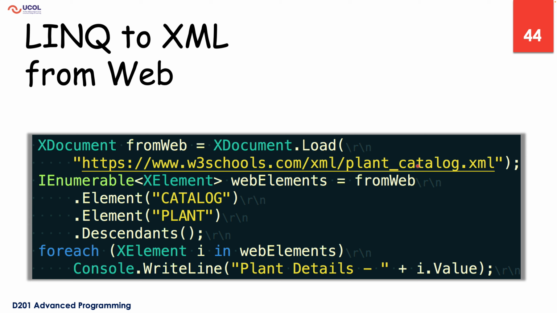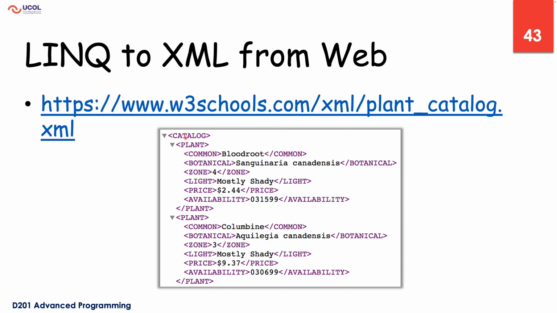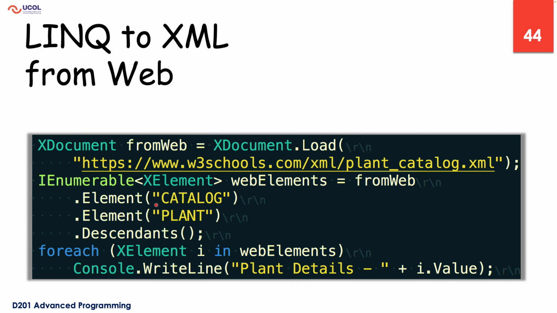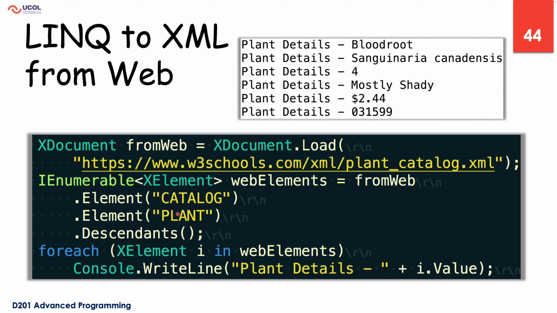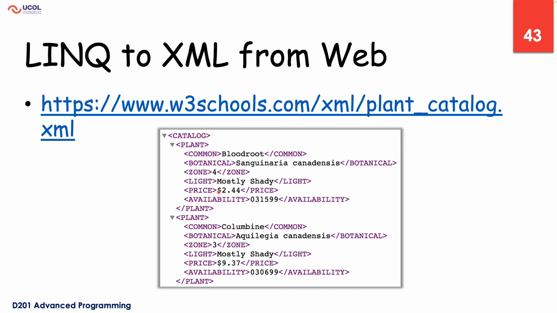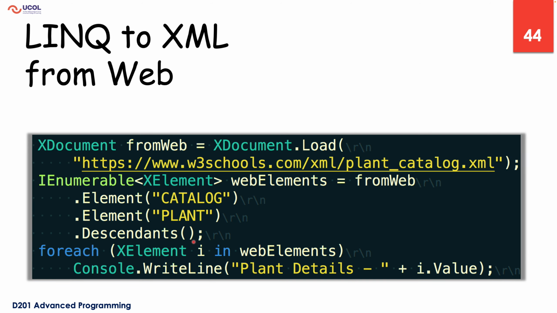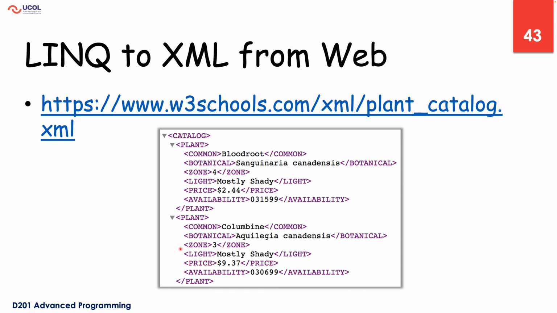We load that document into the XDocument, and from that document we can find, from web, the element catalog. In the catalog element, we want to find the plant, and then we say Descendants.